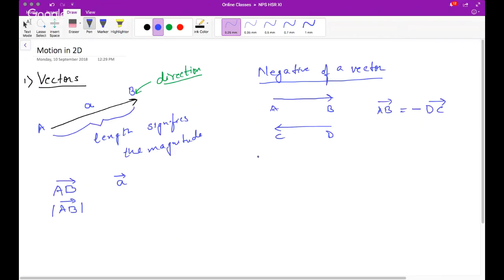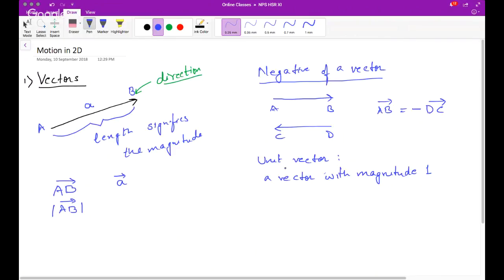Now, what is a unit vector? A unit vector is a vector with magnitude 1, in any particular direction.